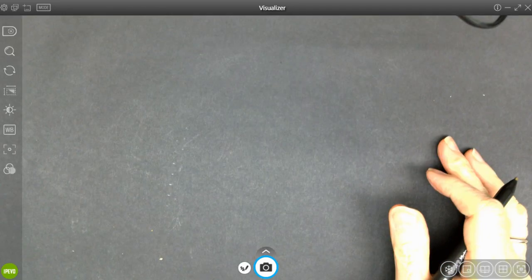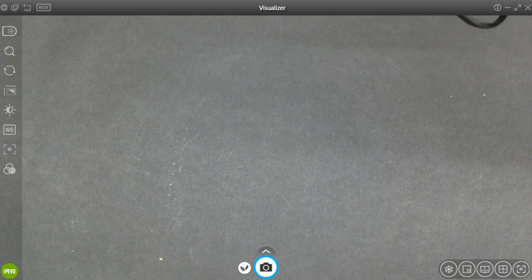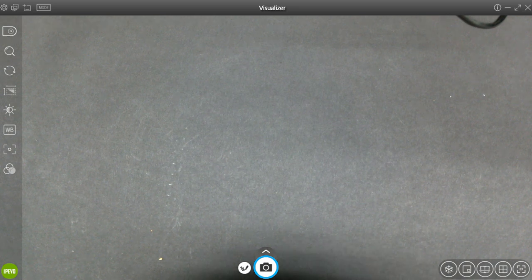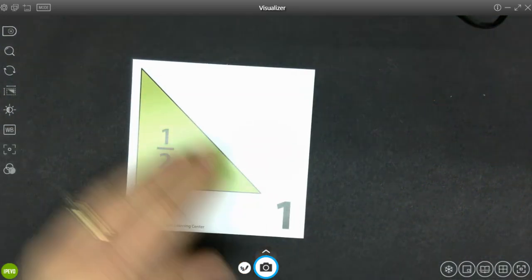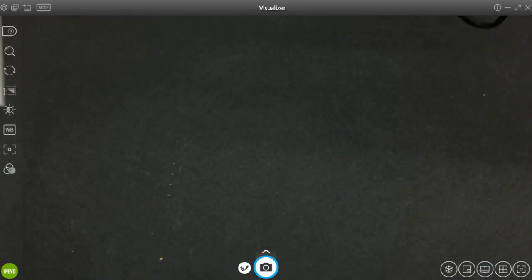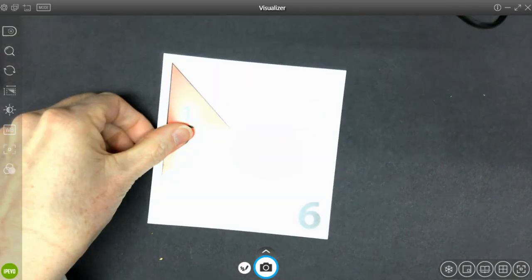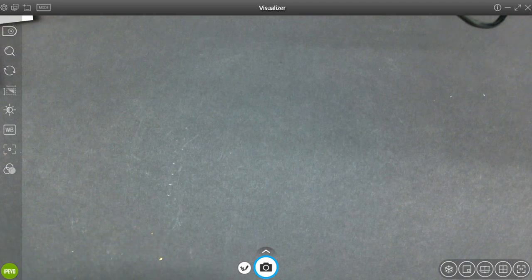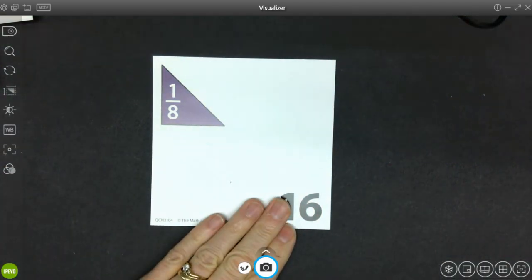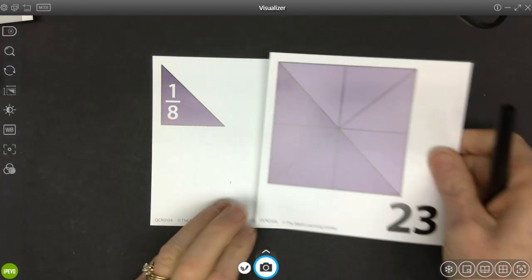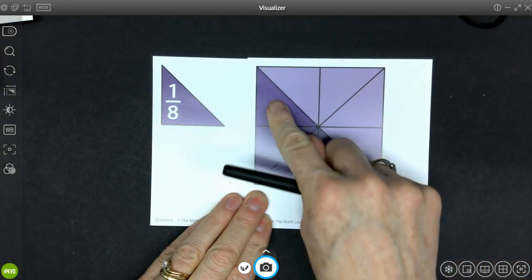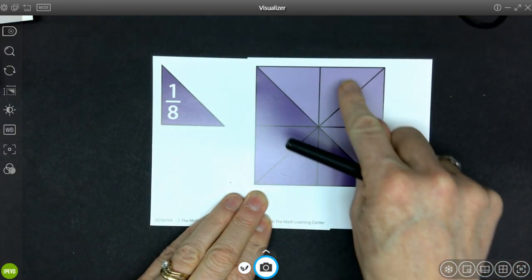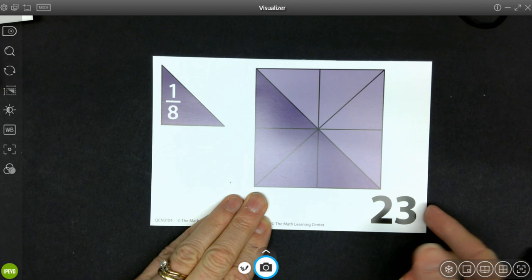Now I want to talk to you about one more thing about fractions. And let's take a look this time at halves, fourths. So we have a half, and we have a fourth, 1 of 4. And let's also think about an eighth. Okay, so that is one of 1, 2, 3, 4, 5, 6, 7, 8 equal pieces. So it's an eighth.